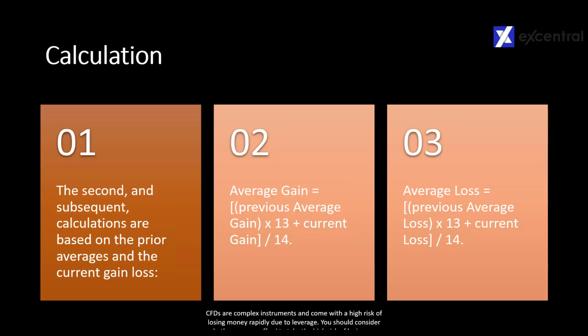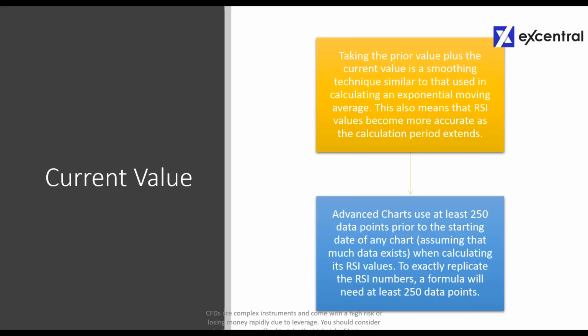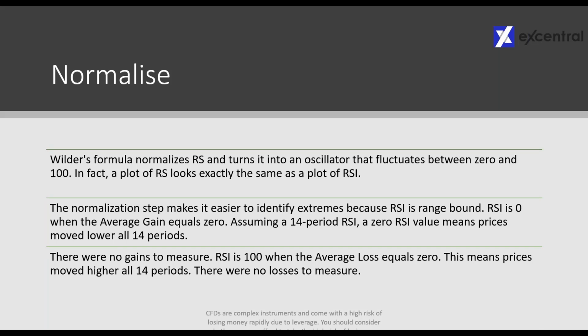And guess what we're going to do next? We're going to take the average gains times 13 plus the current gain, and the average losses times 13 plus the most current one, and divide by 14. Taking the prior value plus the current value is a smoothing technique. So Wilder's formula normalizes RS and turns it into an oscillator that fluctuates between 0 and 100.